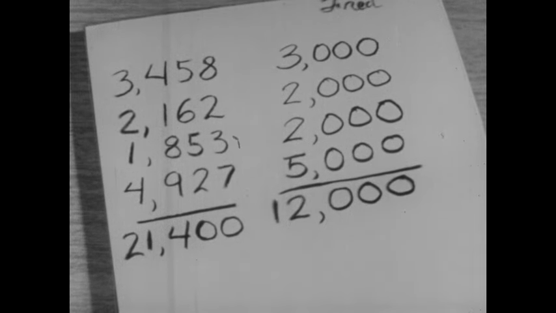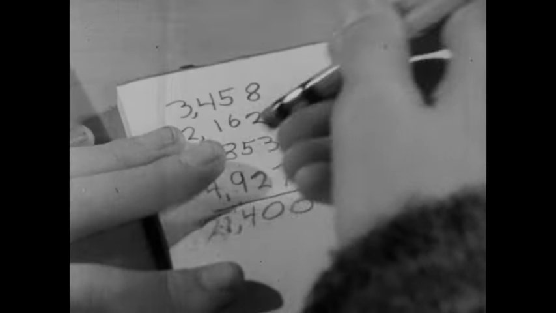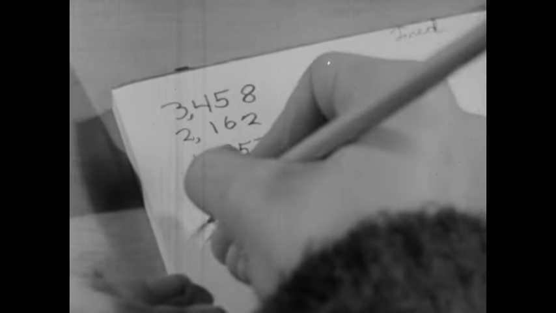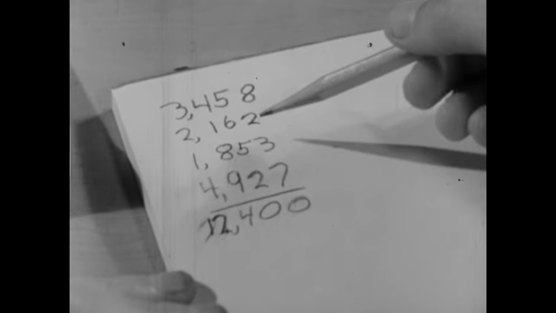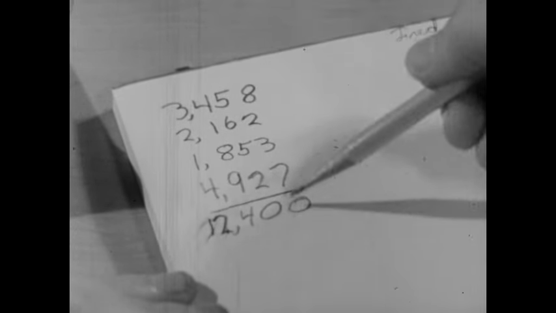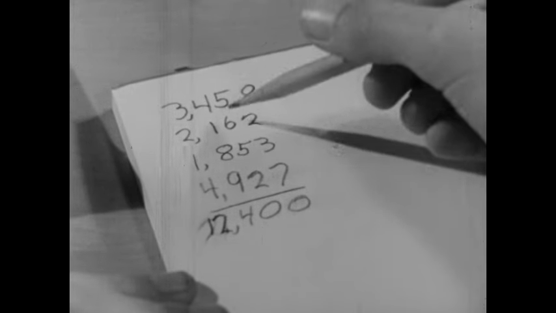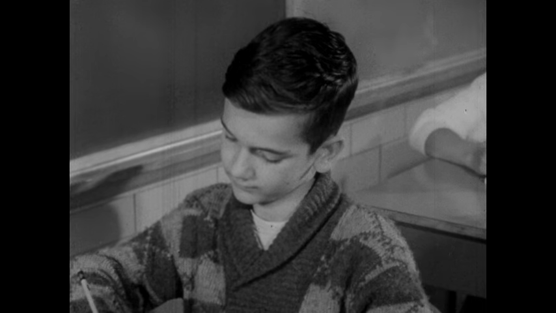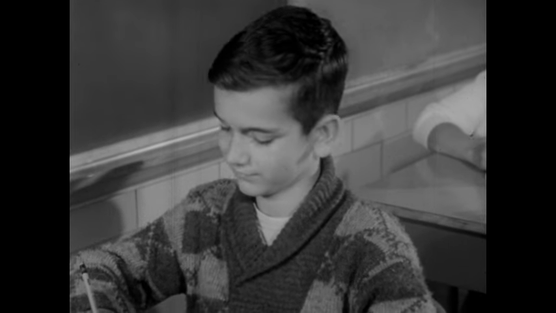If Fred had estimated his answer first, he would have seen that the answer he got was not reasonable. Now he's found his mistake. But to be sure he has the right answer this time, Fred is checking his work by adding the numbers from the bottom up. Estimating and checking answers will help him prevent many errors.